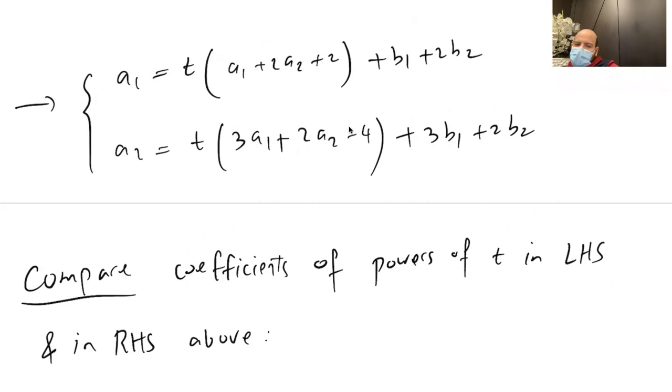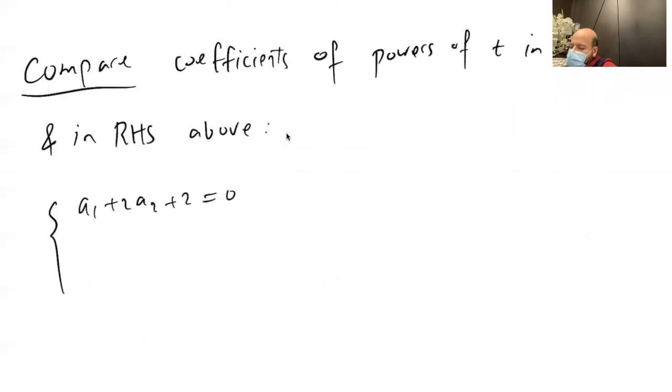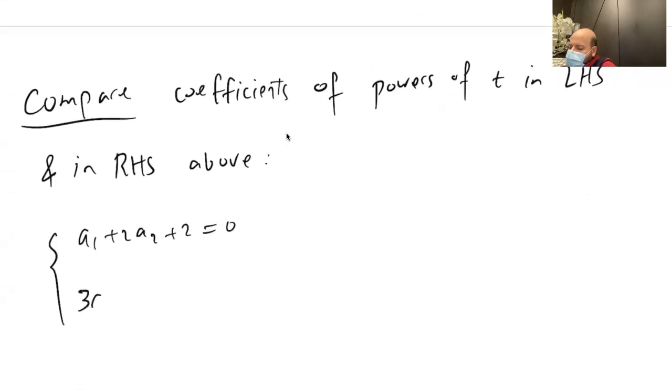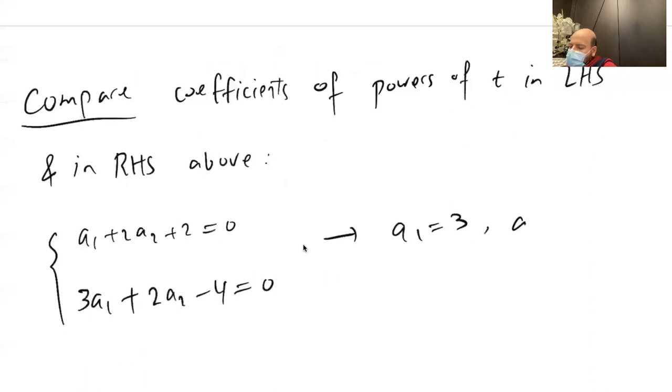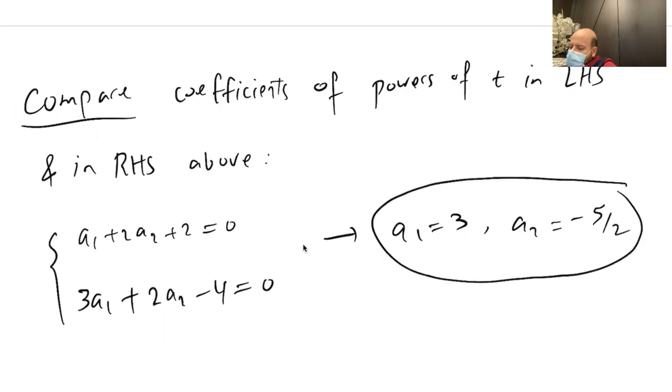Similarly, this one I have a t term in the right hand side, left hand side I don't have a t term, so this has to be 0 as well. So 3a1 plus 2a2 minus 4 has to be 0. So from these two I can find a1 and a2. So this will give me a1 equals 3, a2 equals minus 5 over 2.